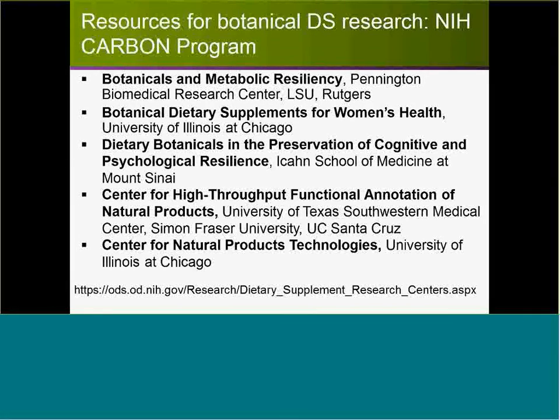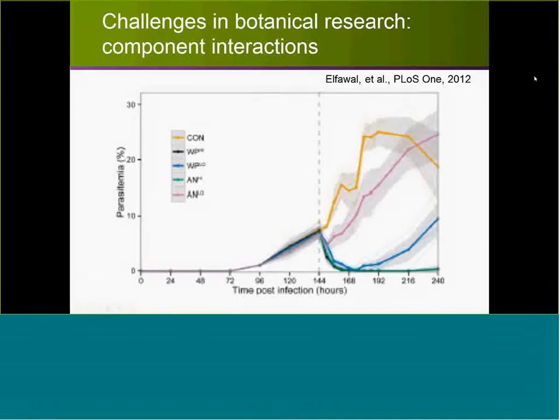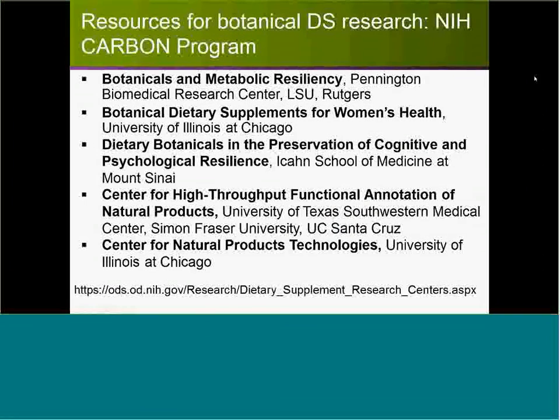The first 3 of them are focused on comprehensive chemical characterization of botanicals and their effects on human health. You can see that they're looking at 3 quite different areas of health outcomes. The last 2 bullets on this slide show 2 different flavors of the center program that's focused on the development of new approaches and methods for analyzing natural products and their health effects.